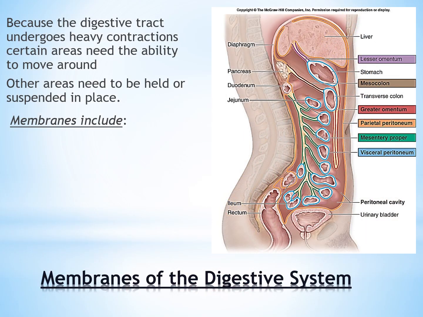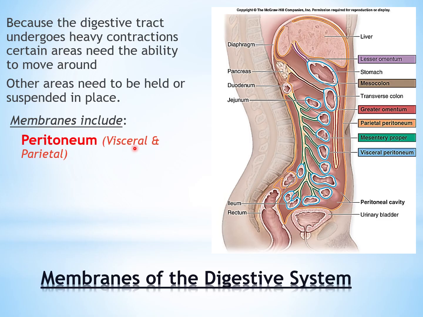The membranes of the digestive tract have to strike a balance between stability and support and the ability to move. I sort of equate it to a marionette. With a marionette, you have those strings that not only provide support, but also provide the ability for motion to occur. And that's sort of what's going on. So we have different subdivisions of these membranes.